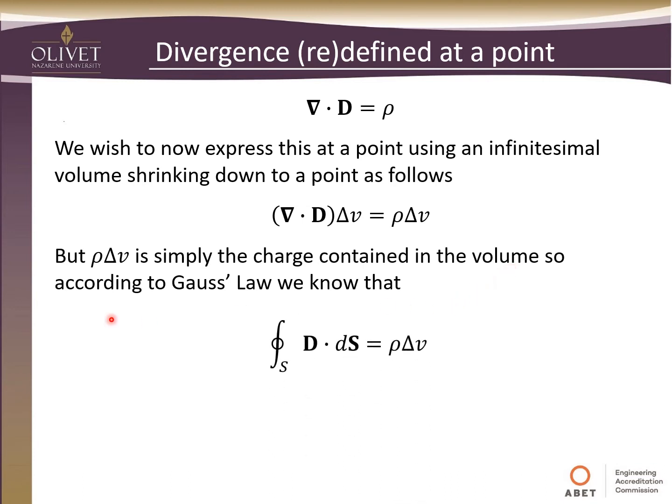And so, according to Gauss's law, we know that if we sum up all of the displacement vector normal to the surface that's defining this volume, these two quantities should be equal. So that being the case, we should be able to substitute this back into this equation. Where we had this equation to start with, we see these two are equal, so we're going to substitute in for that.